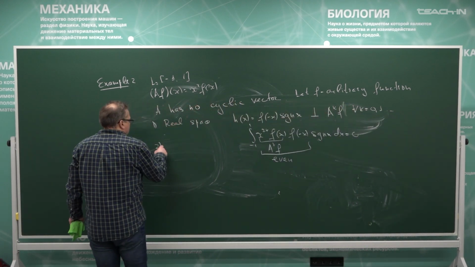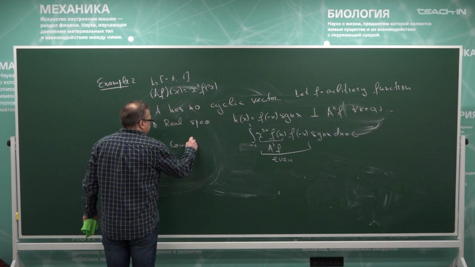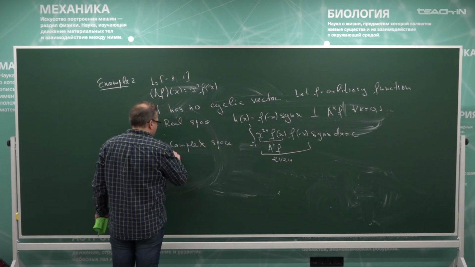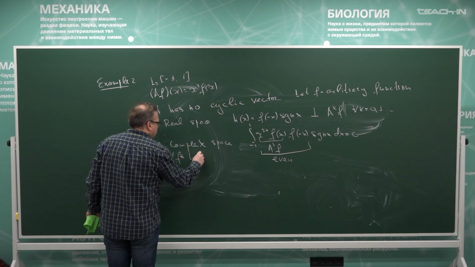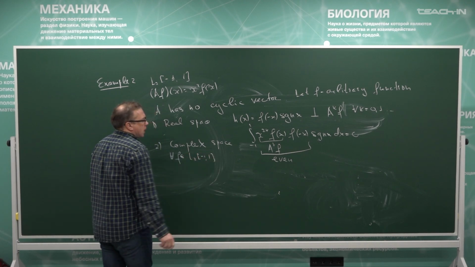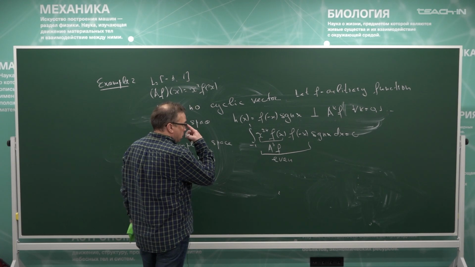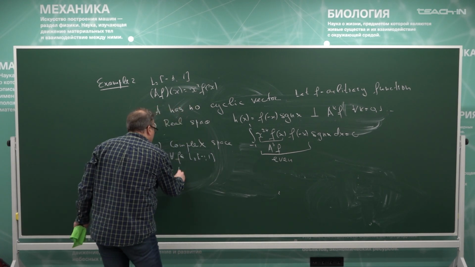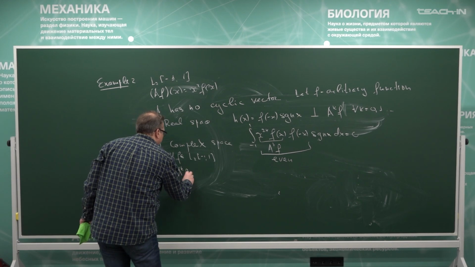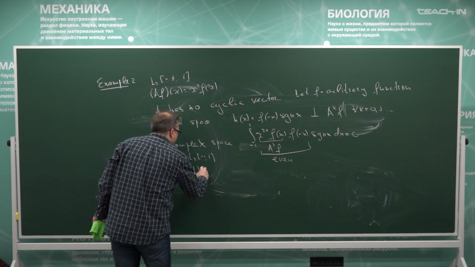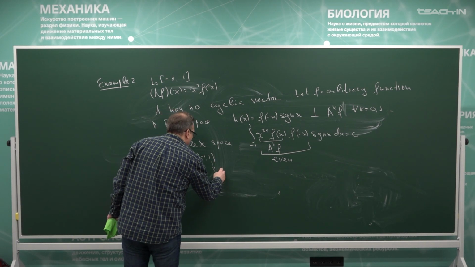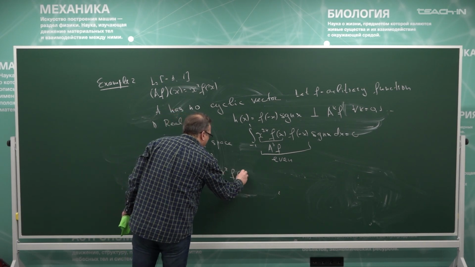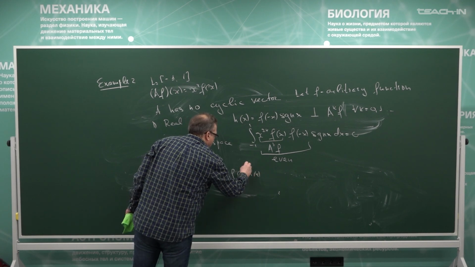But in the complex space, for any function f in L2 of minus 1, 1, what can we say? The scalar product will look like the integral from minus 1 to 1 of x^(2k) f(x) times the conjugate of h.